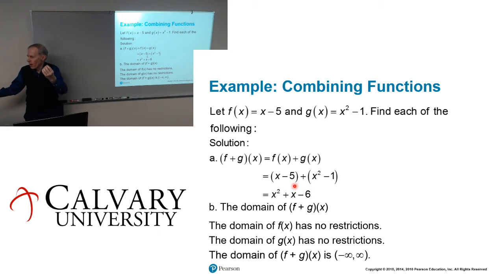You add, subtract, multiply, or divide, so the domain is still going to be all values from negative infinity to positive infinity. So I'll not have any more slides about that because that's all you do. A combination means you take a given function and then whether you're told to add, subtract, multiply, or divide to the second one, and you get a new function.